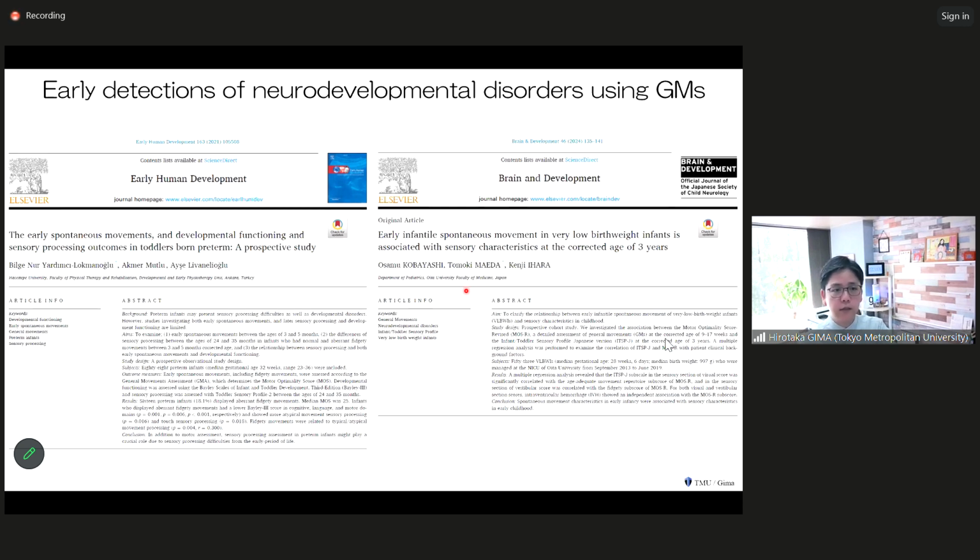The paper on the left reports that immaturity of sensory processing related to motor and tactile sensations, and the right one reports that immaturity of sensory processing related to visual and vestibular functions were associated with qualitative abnormalities in GMs in early infancy.